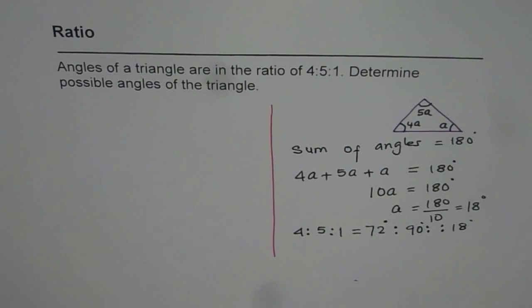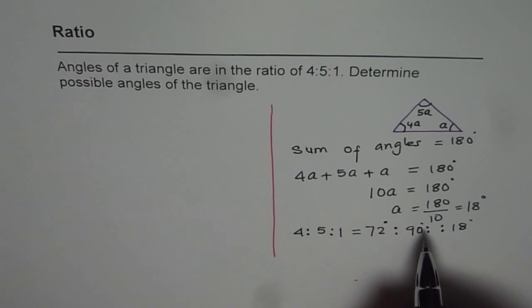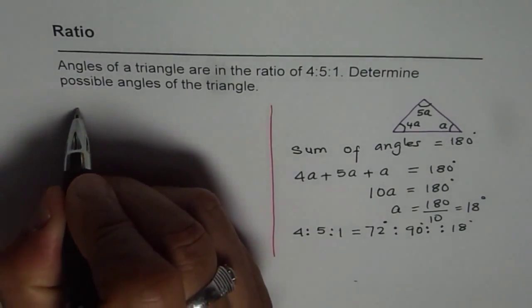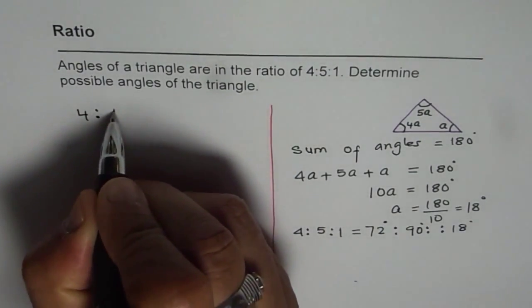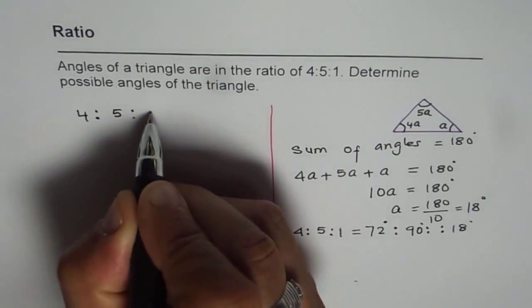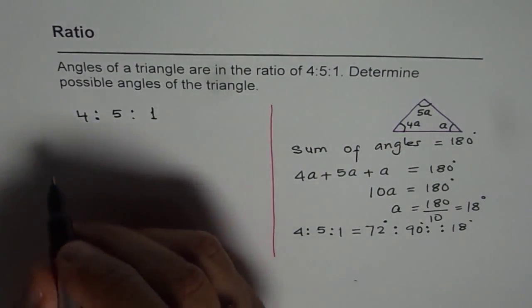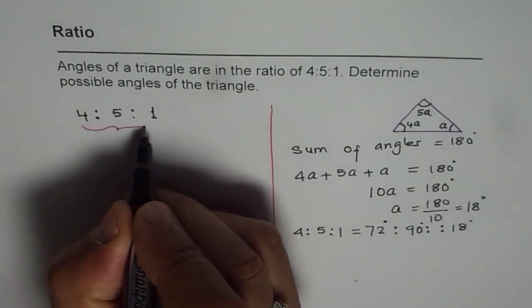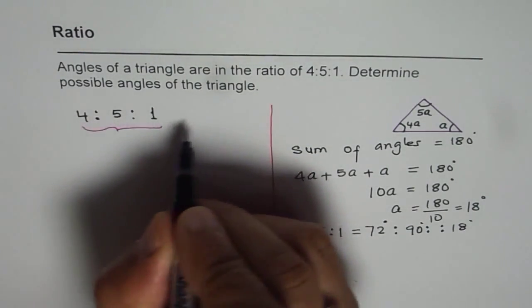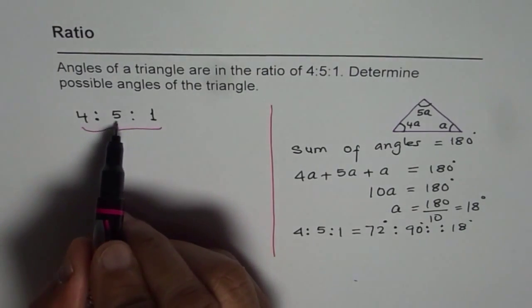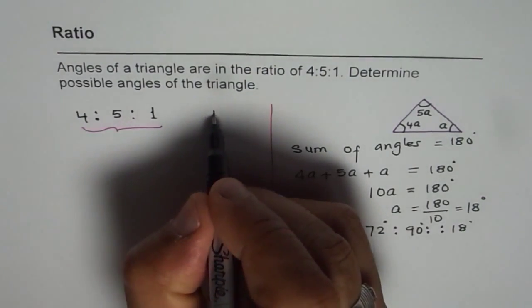Now an alternate way, which I prefer to use when we are talking about ratios, is we are given the ratio, which is 4:5:1. It really means if we add these things up, what do we get? We get a total of 4 plus 5, 9, 9 plus 1 as 10, right?